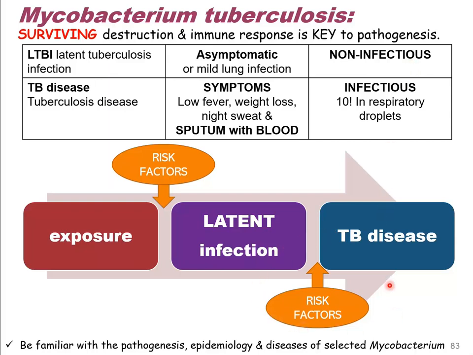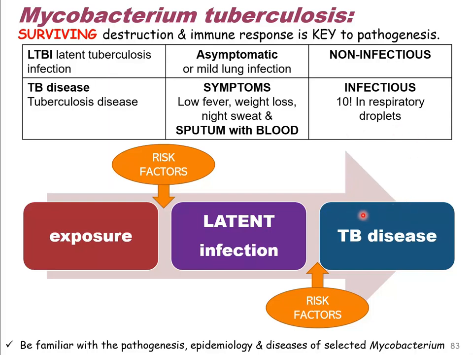What happens later in life is that they become immunocompromised. Like I said, a lot of this is going to be due to poverty, starvation, and people living in very close quarters. Once you get the actual tuberculosis disease, it shows the symptoms, so they used to call it consumption: weight loss, night sweats, they cough, and through respiratory droplets, it spreads.